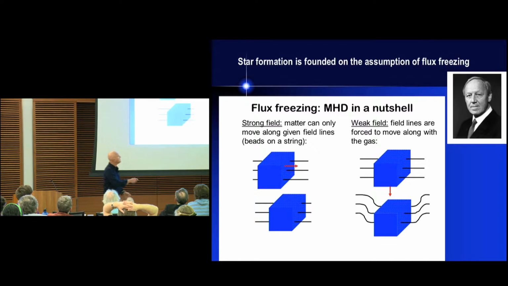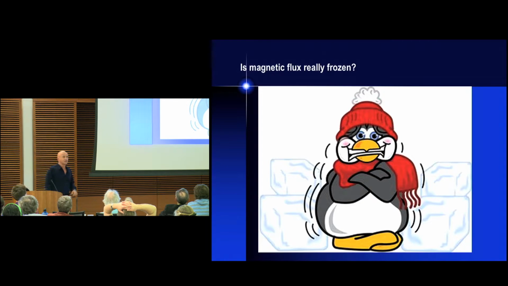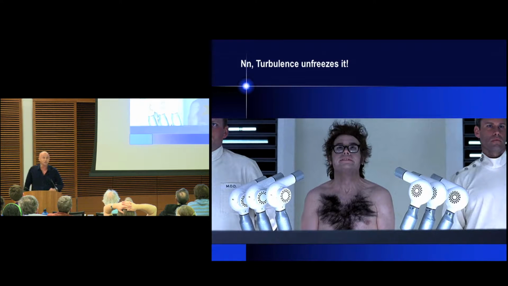If you have weak magnetic fields, they obey plasma. Well, are they really frozen? My claim is that turbulence freezes magnetic fields, as with this Austin Powers photograph.